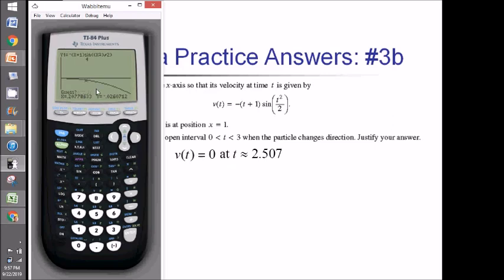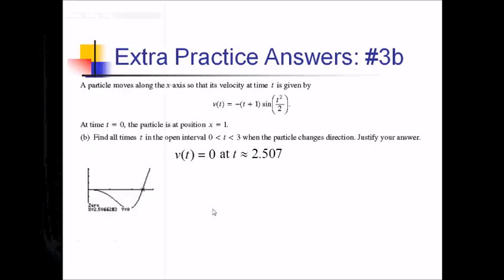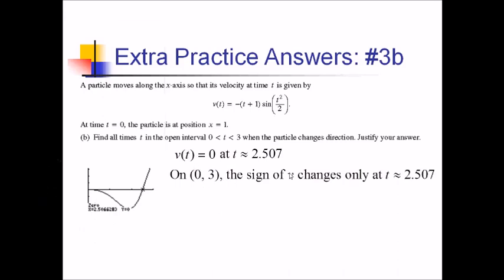Now, if it crosses anywhere, it'll tell me where it crosses. And it says it crosses at 0, and that's about it. So we can conclude that on 0, 3, the sign of velocity is changing only at time equals 2.507. Therefore, our particle changes direction only at this time.